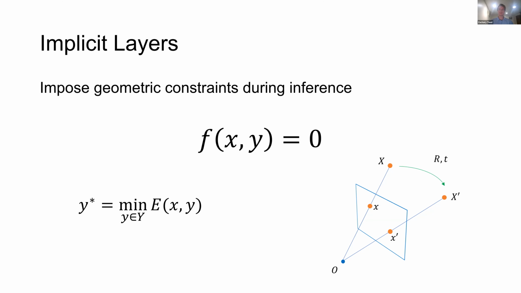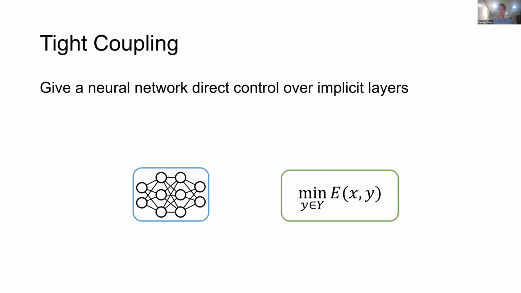These will usually take the form of mini optimization problems, which we solve during the forward pass of the network, and then backpropagate through during training. These can be used to impose a geometric constraint, such as the mapping of a 3D point onto the image. And the approach we take is to give a neural network direct control over these types of implicit layers.